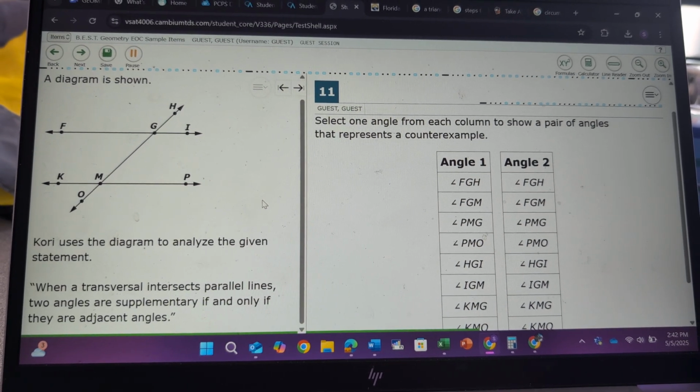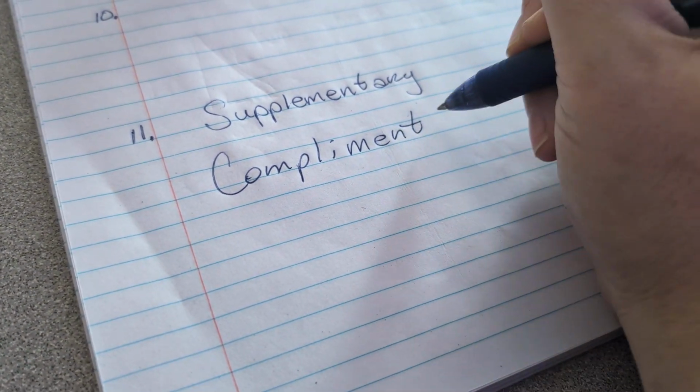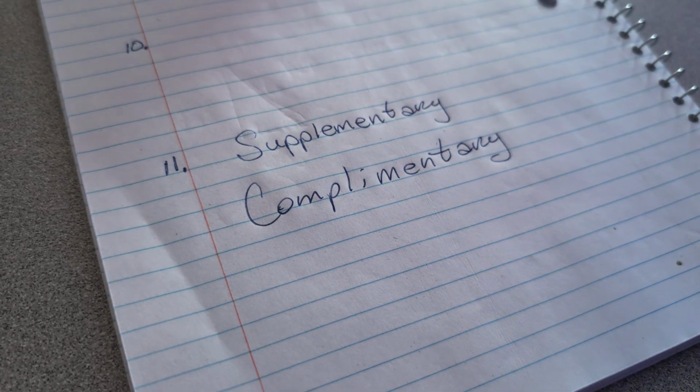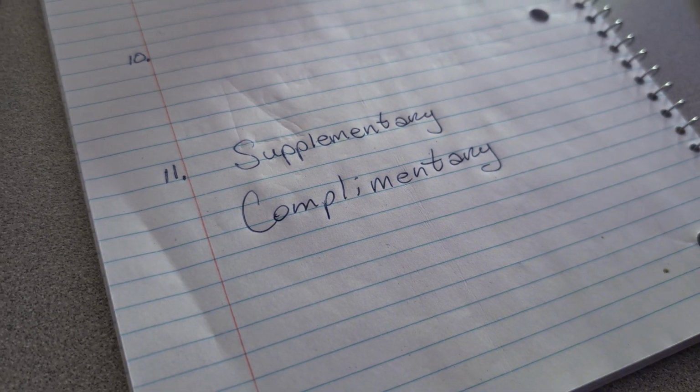First, I want to remind you guys, I have the coolest thing, and I want to make a video just about it, of how to remember which is supplementary and which is complementary. If you write the word supplementary and complementary, you can use one line to remember which is 180 and which is 90.